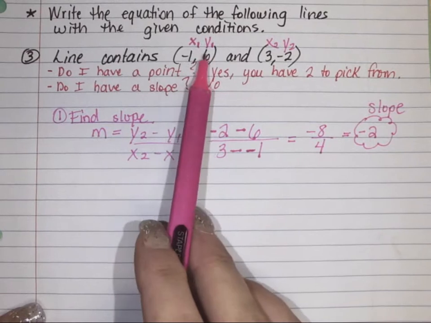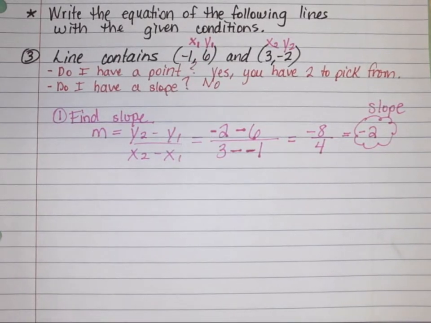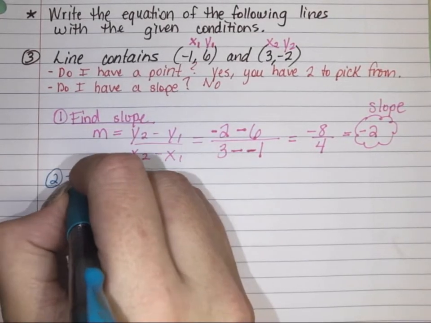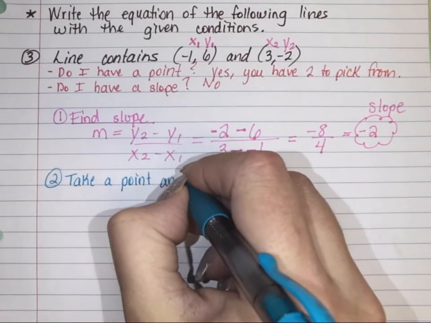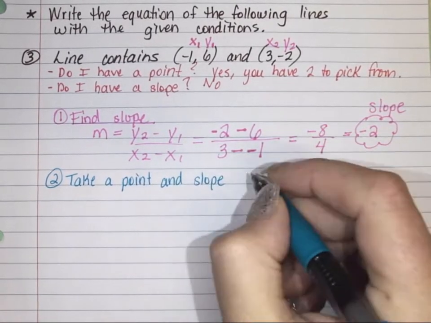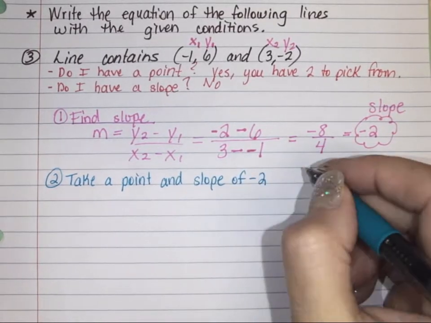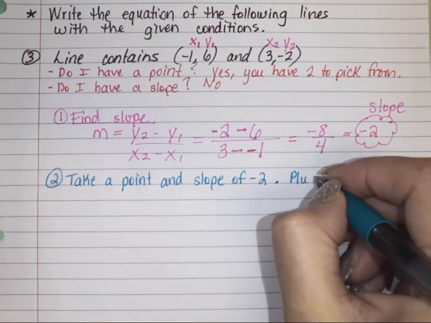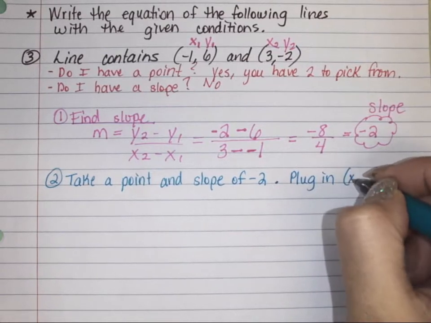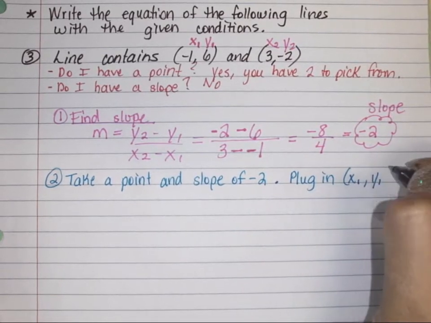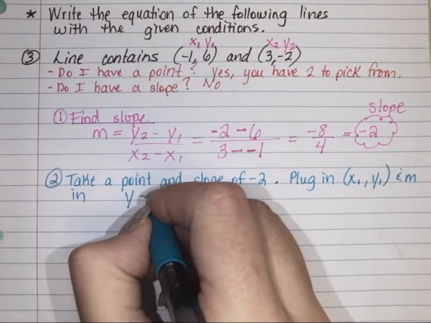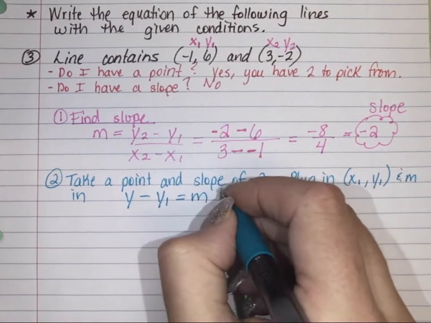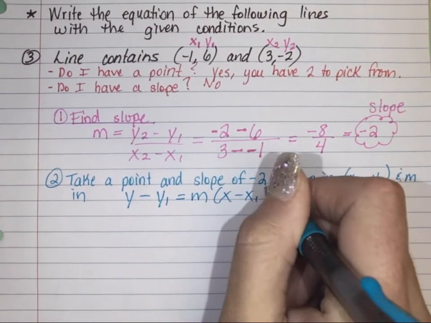Okay, since we already have a point, my next step is going to be take a point and your slope of negative 2, and plug in for the x1 and the y1 and m in y minus y1 equals m times x minus x1.